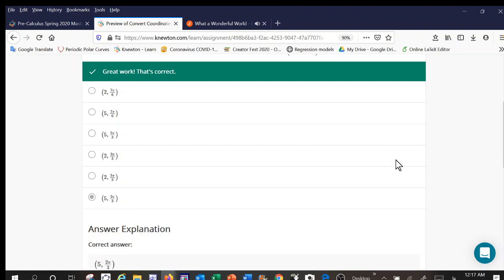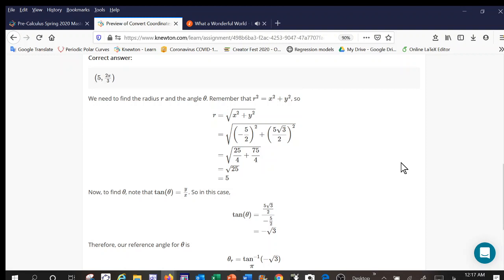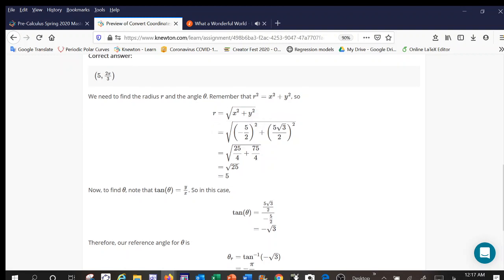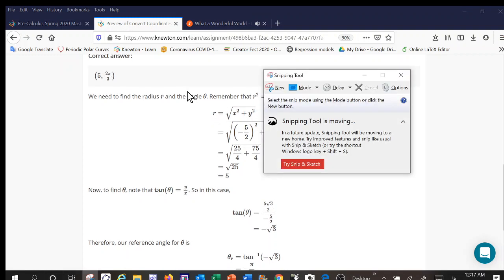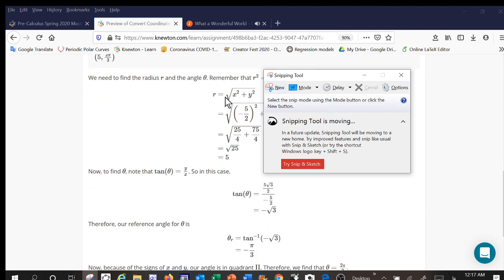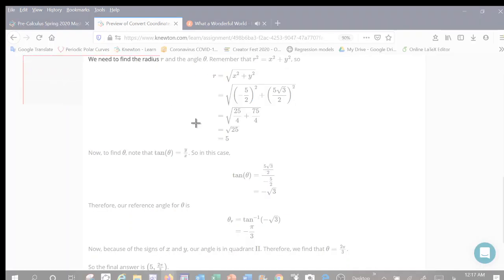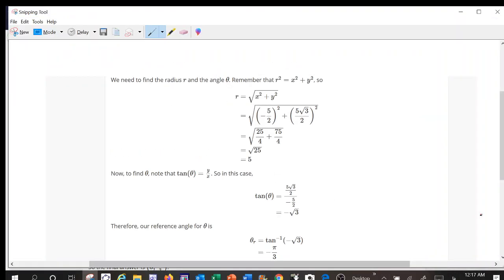So to find the polar, first of all, we have to find r, and r is the square root of x squared plus y squared. Now x is negative 5 over 2, and y is that.